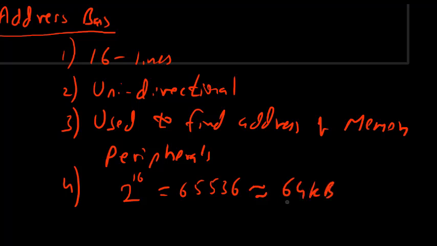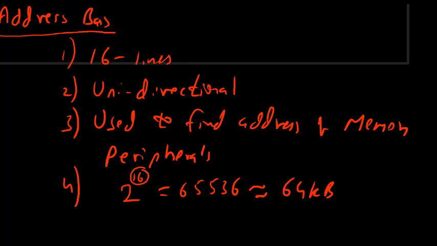So this gives the memory capacity. The more address lines, the more is the system capacity. Because we have only 16 address lines, the capacity of this 8085 is only 64 KB.